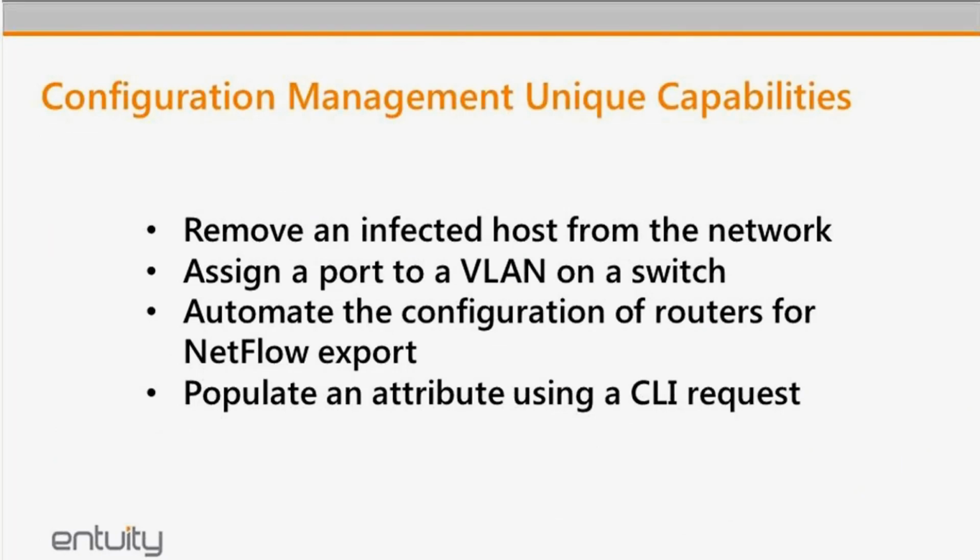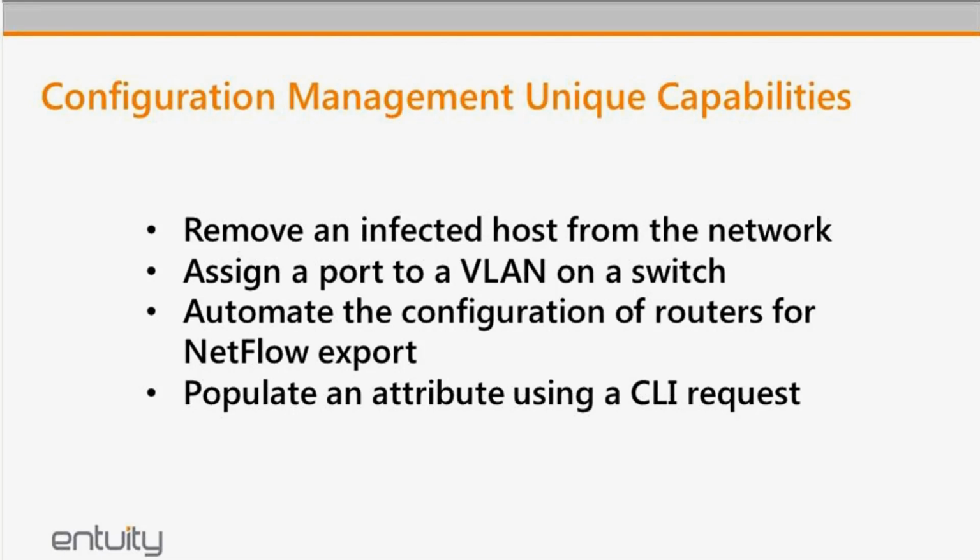Today, we're going to be running through 4 different examples of using the configuration management capability. First, my colleague Larry is going to explain how to remove an infected host from the network. Then he'll show how a port can be assigned to a VLAN on a switch.